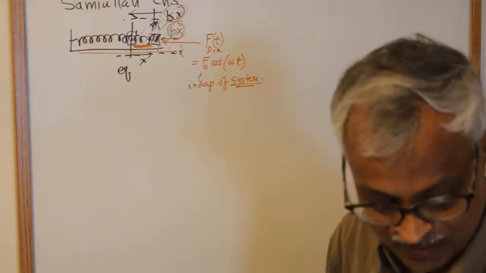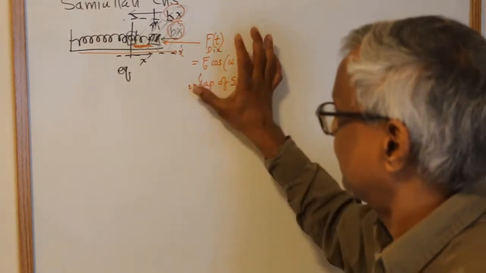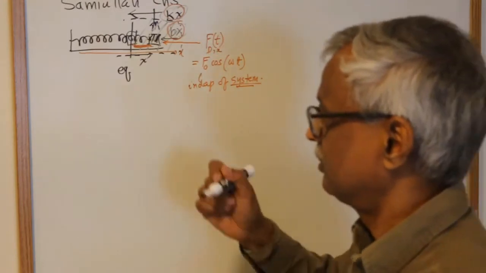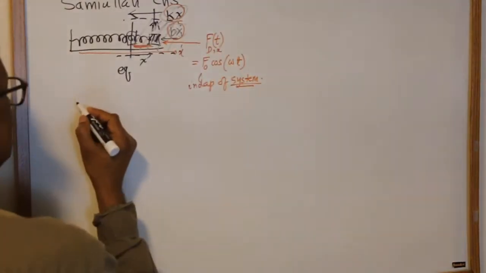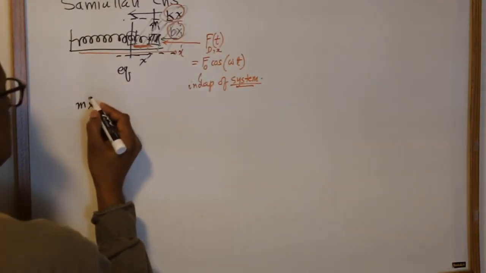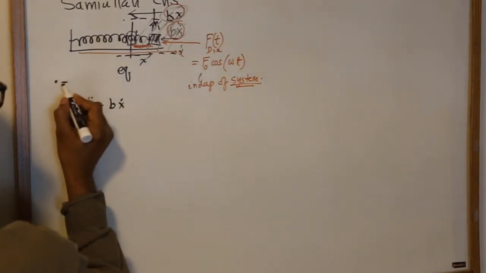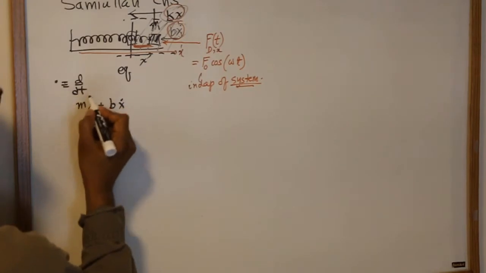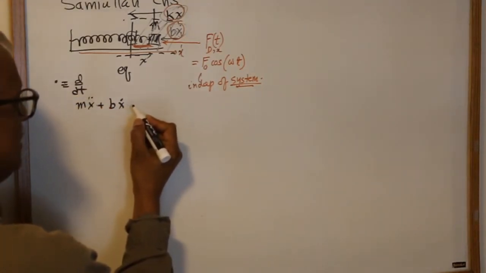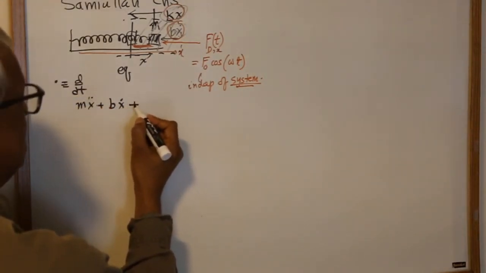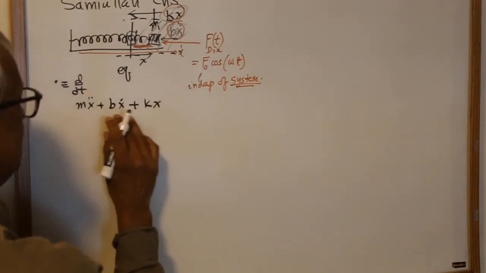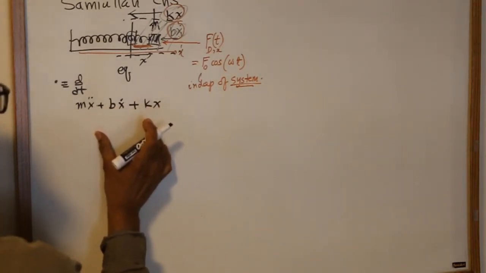All right. So the equation of motion for this driven oscillator looks like m x double dot plus b x dot plus kx. Dot is equal to d/dt, remember, and this is a shorthand way of writing that. These are coming from the force on the other side.